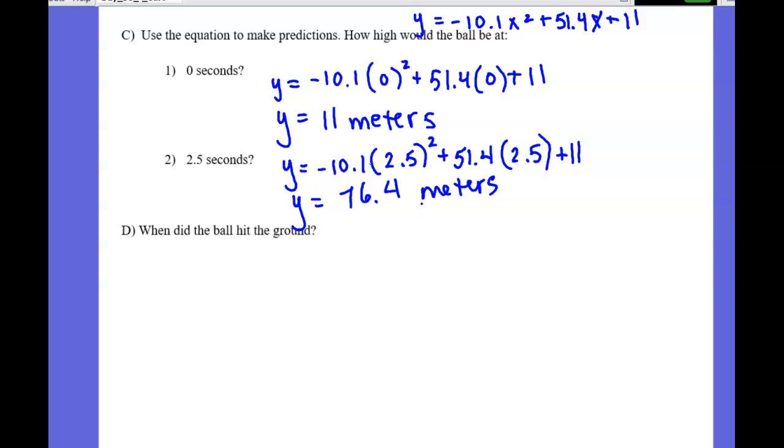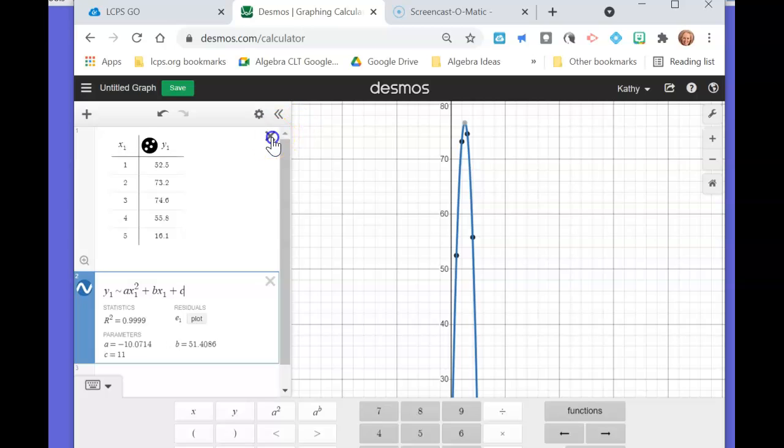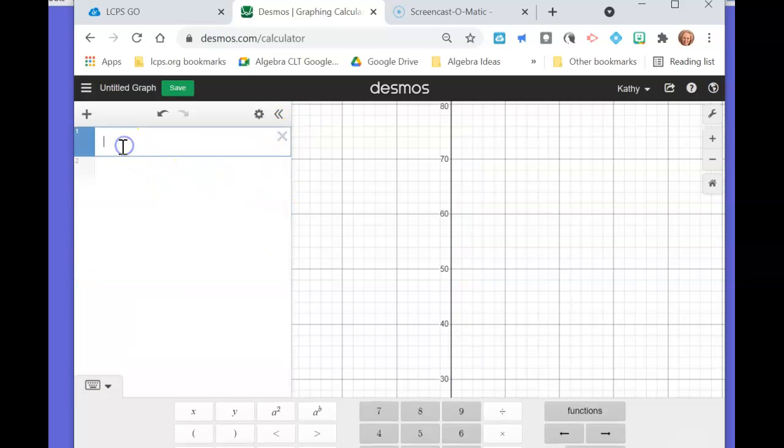The other thing you could do here is just go to Desmos. Let's try it in Desmos. I'm going to get rid of these two, and I'm just going to put it in here. We've got our negative 10.1 times 2.5, and we're going to square that, plus 51.4 times 2.5, plus 11.